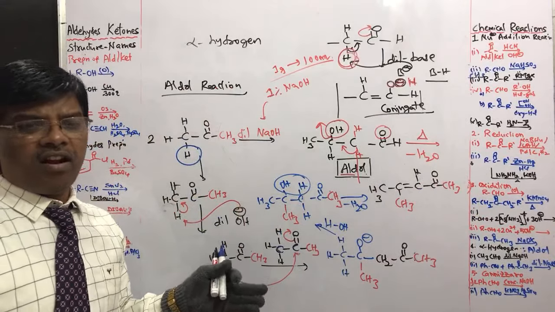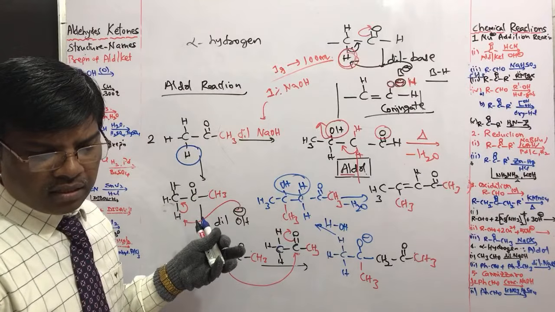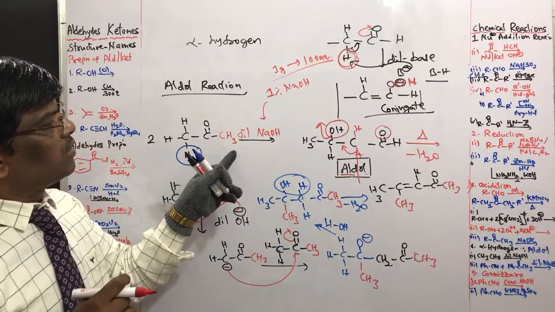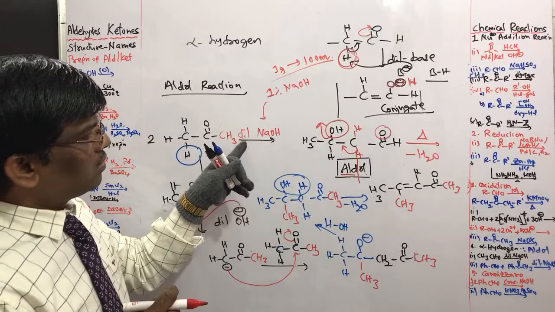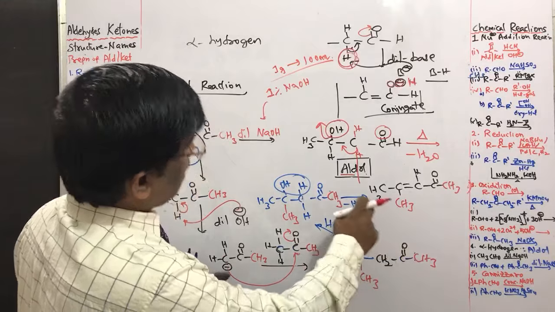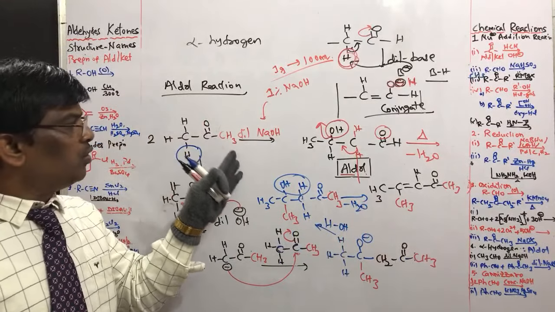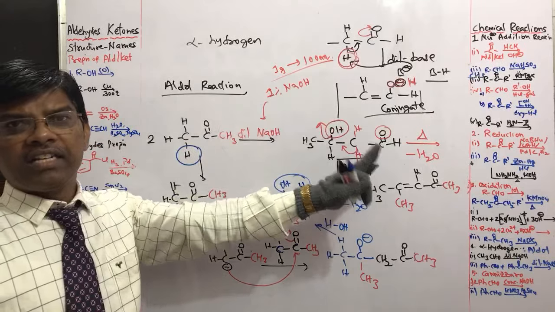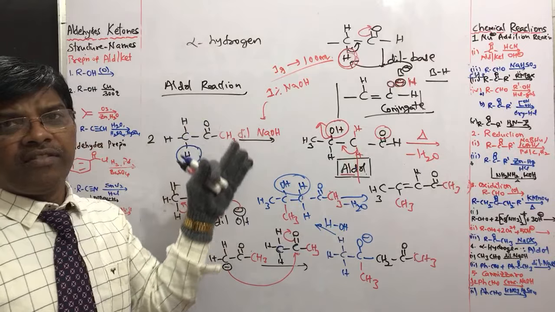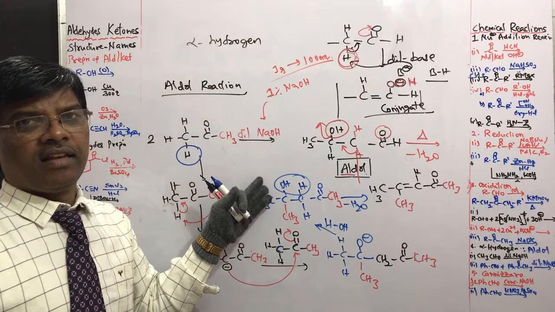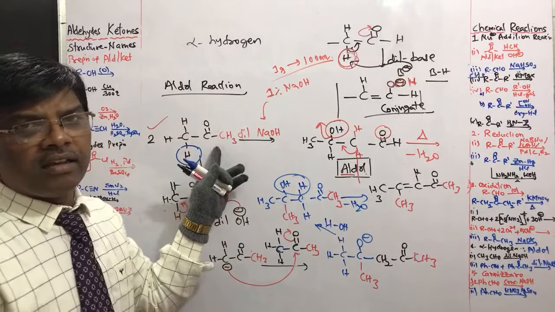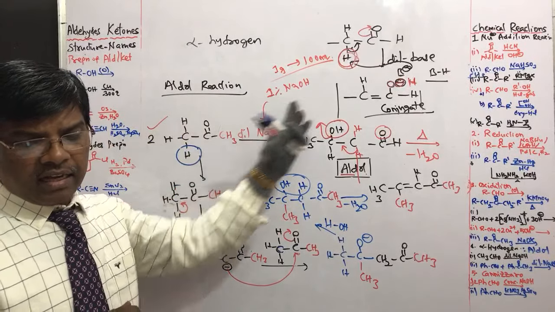And one more thing, it is not given in your book: ketones usually do not undergo aldol reaction that fast. Aldehydes undergo aldol reaction very easily. So this is what the aldol reaction is, and it can be done between aldehydes and ketones.